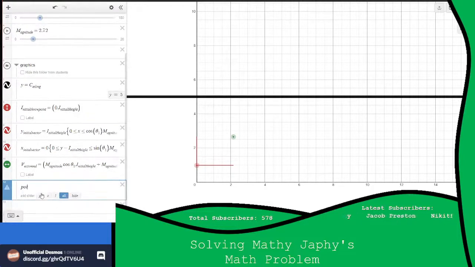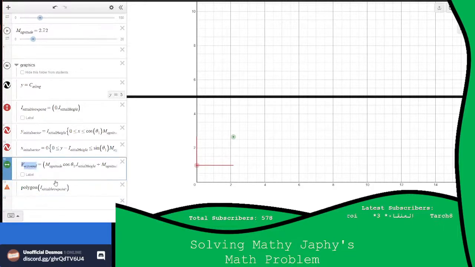Let's just draw a polygon between the initial and vector n. Bada bing, bada boop. We now have our vector.